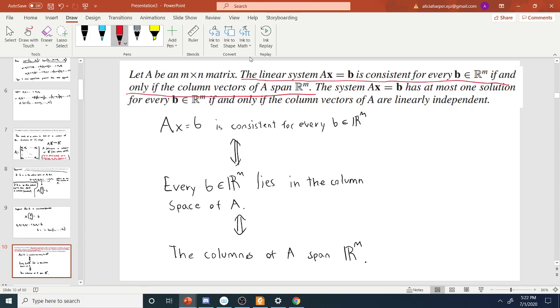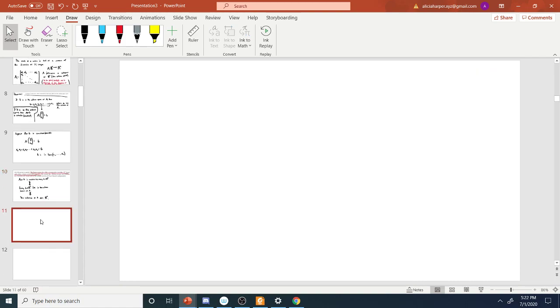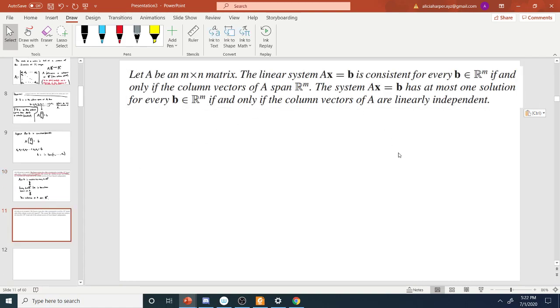Now let's look at the second part, which will require a little bit more work. Okay. So what we're going to actually do is prove the converse.